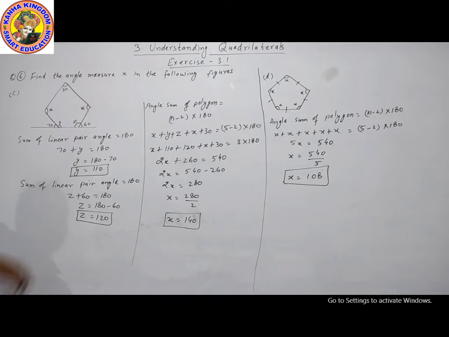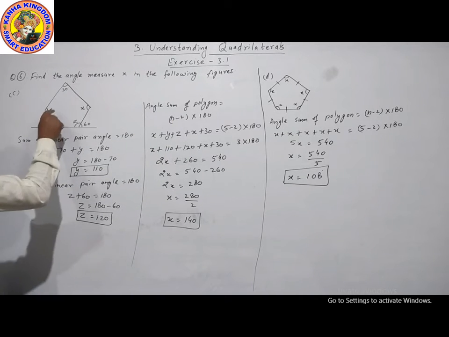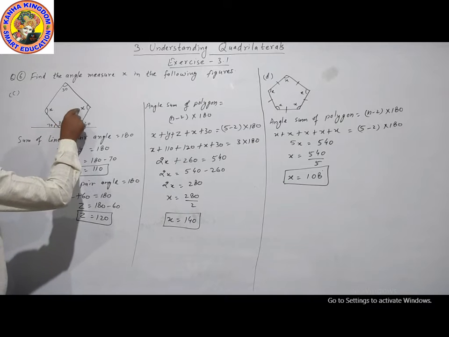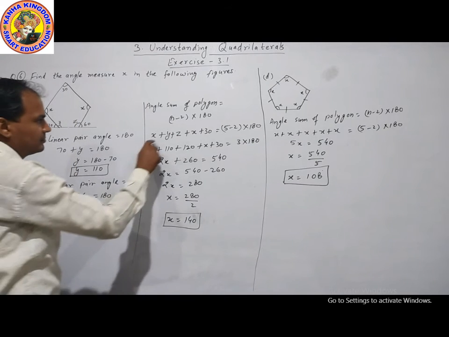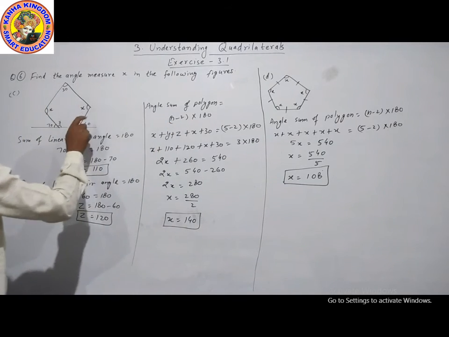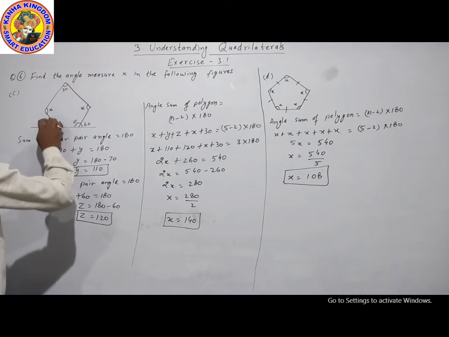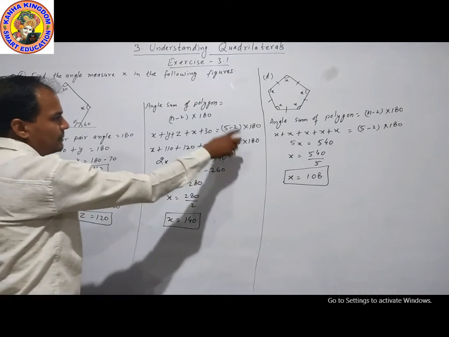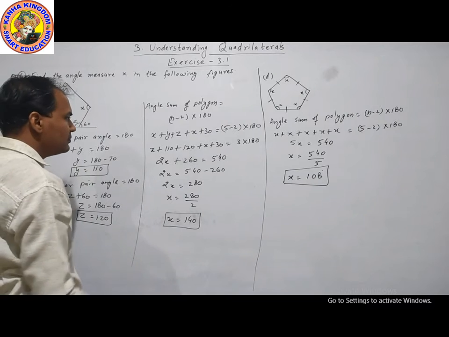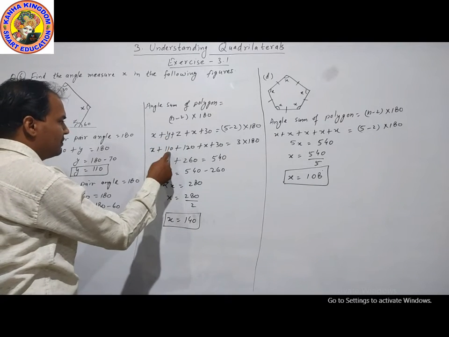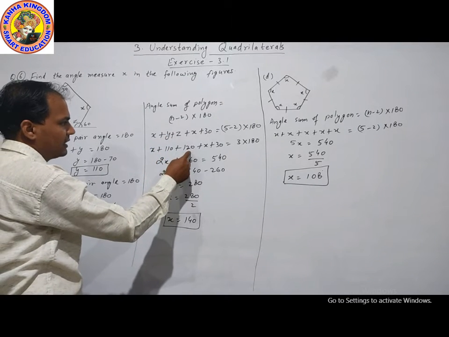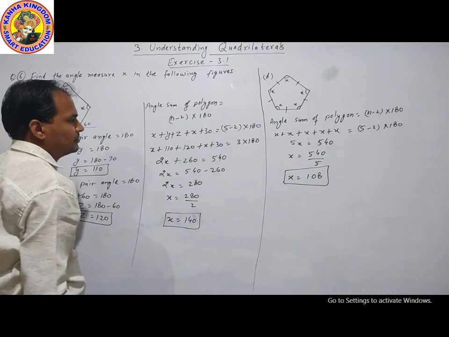Now angle sum of polygon, the formula is n minus 2 into 180. Angle sum, x plus y plus z plus x plus 30, n minus 2, n is number of sides 1 2 3 4 5, so 5 minus 2 into 180. The value of y is 110, value of z is 120, x and 30.